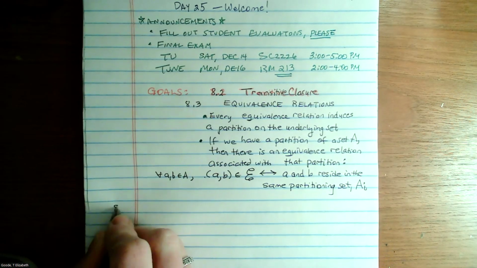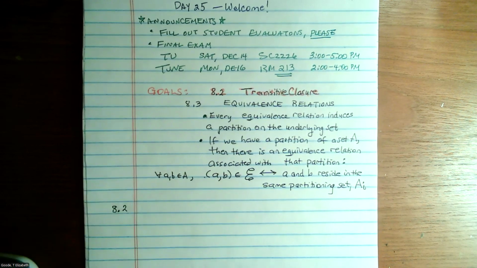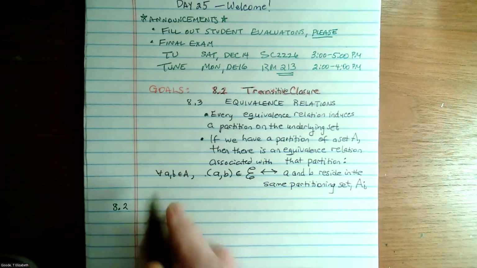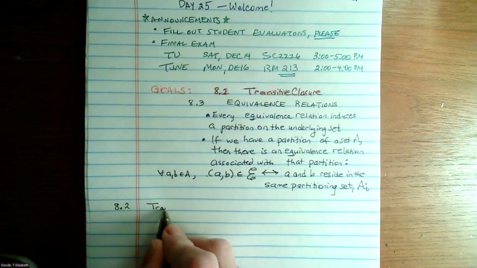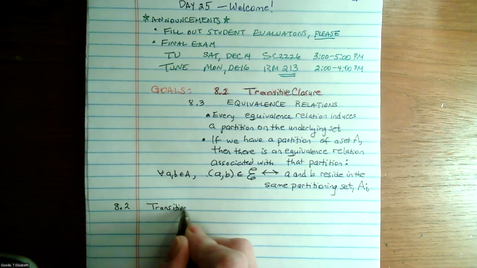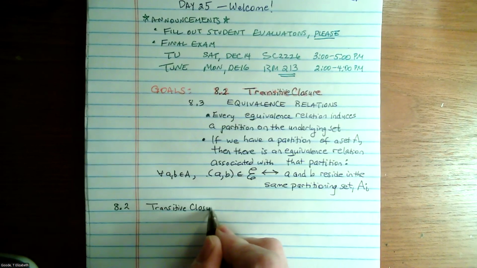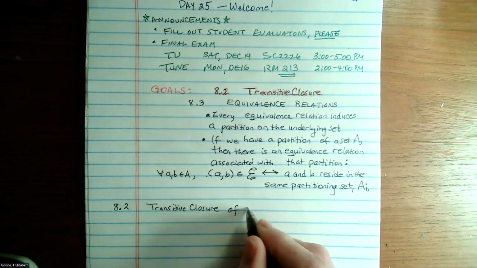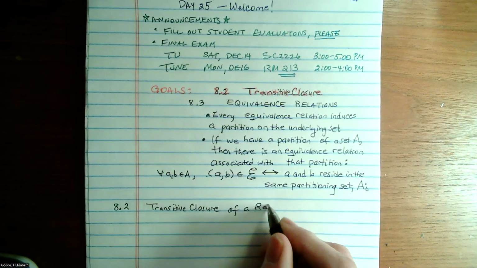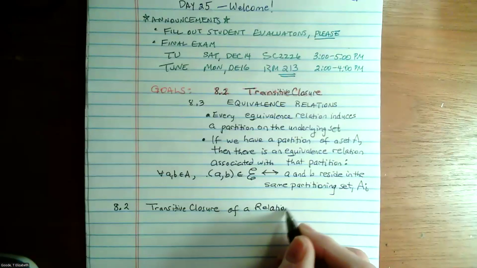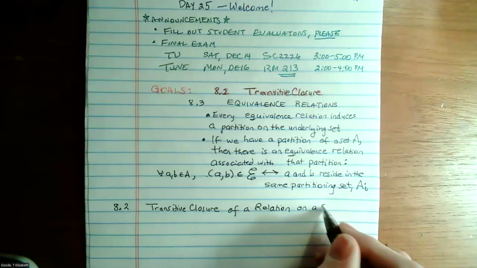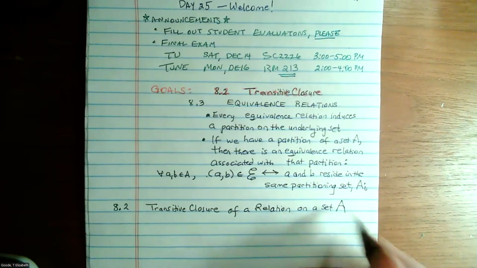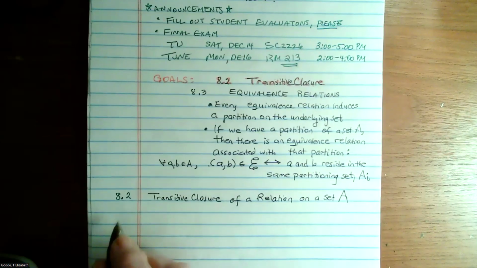We're going to be in section 8.2. We're just finishing up 8.2 with this discussion about the transitive closure of a relation on a set A. Okay, so here's our definition.